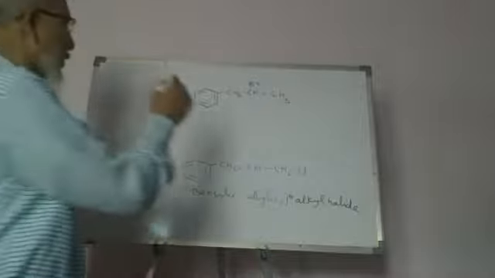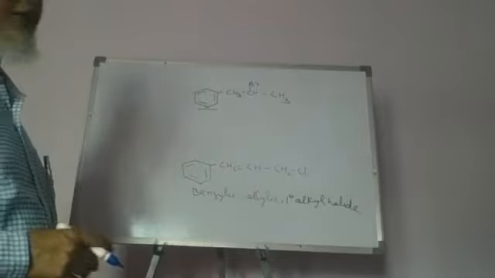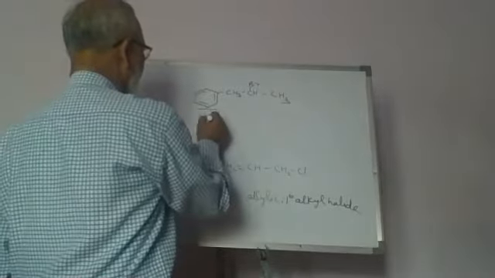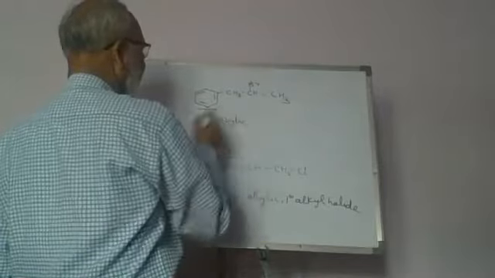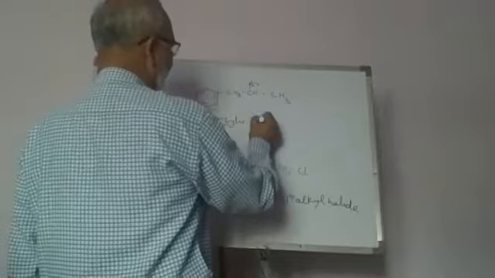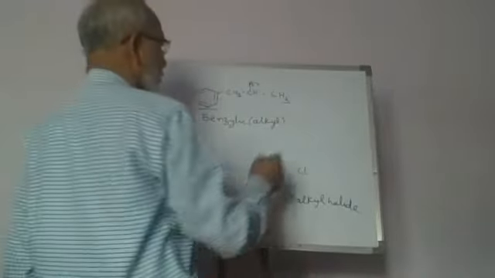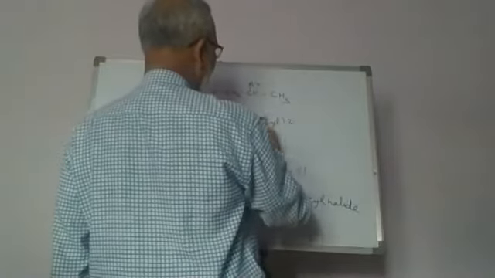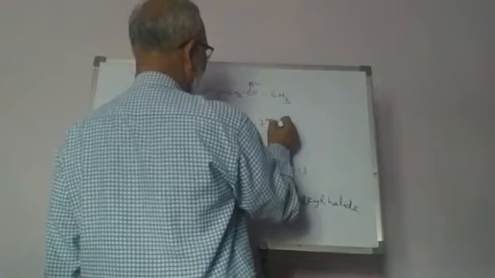So since it contains benzene nucleus and halogen atom is attached with side chain, that's why it will be benzylic. Alkyl, not alkenic, alkyl, secondary alkyl halide. Benzylic, secondary alkyl halide.